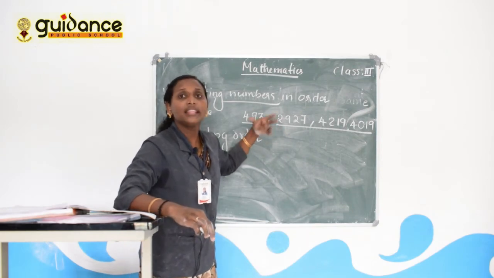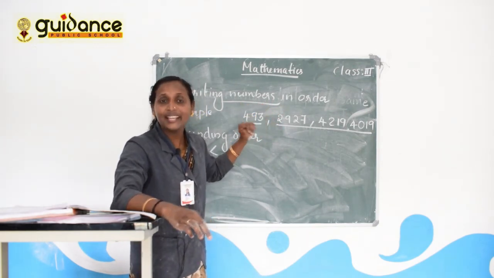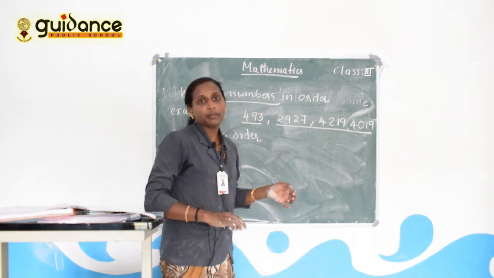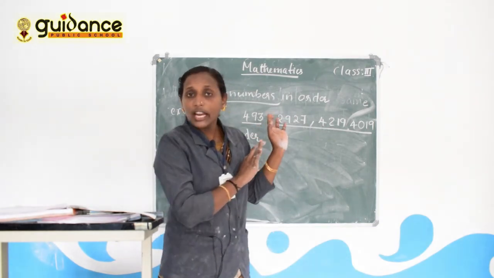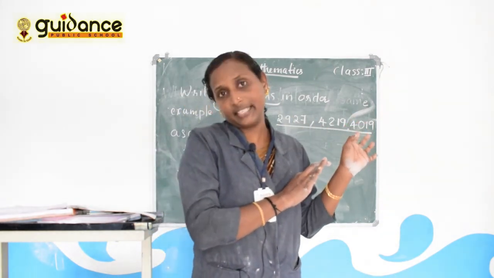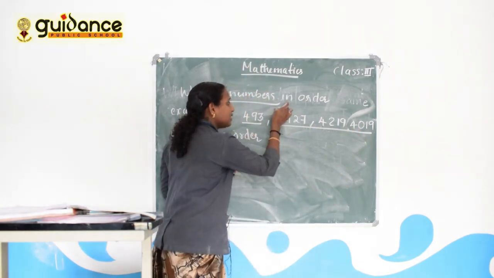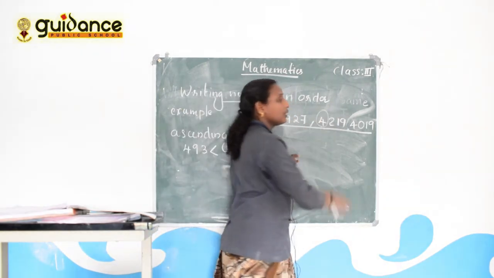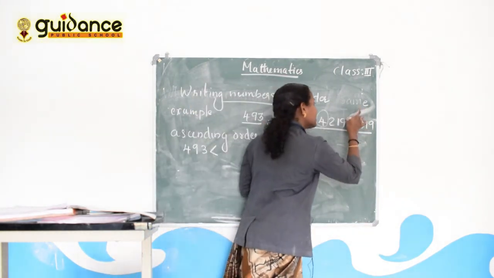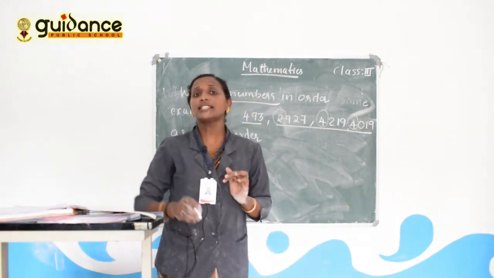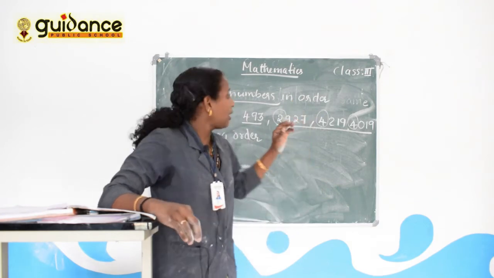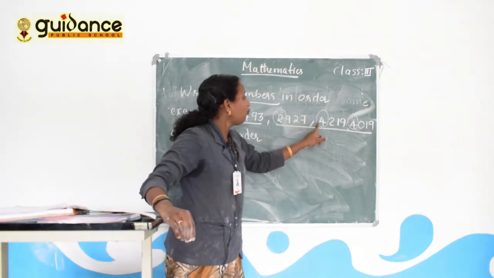Then comparing the other 3 numbers. Both are 4-digit numbers. When the number of digits is the same, we look at the extreme left digit. All of you look at this extreme digit. This is 2 in the thousands place, this is 4, and this is also 4.